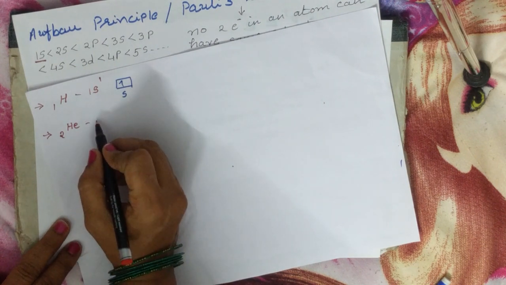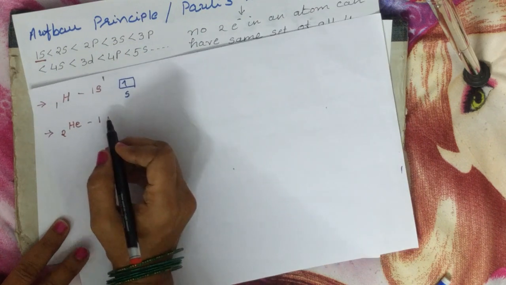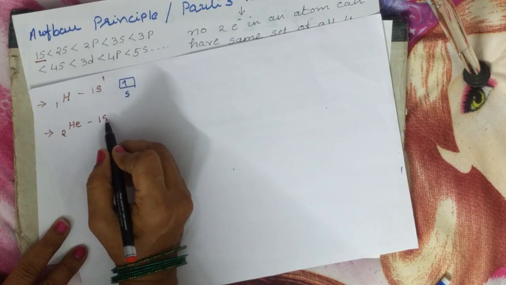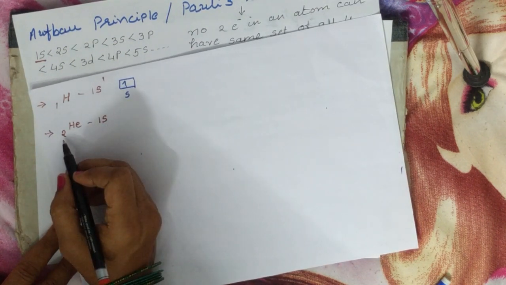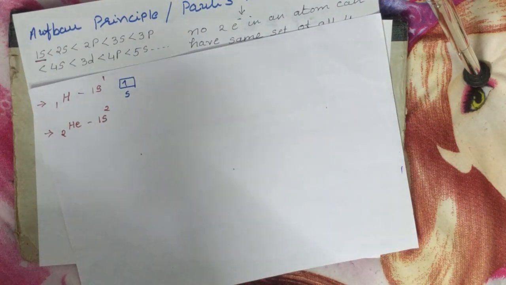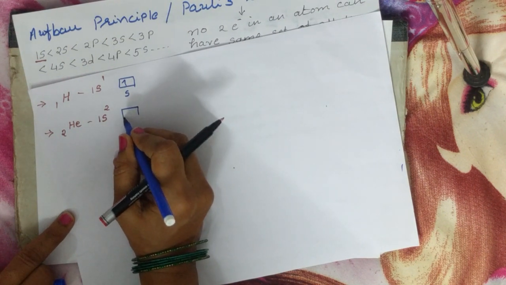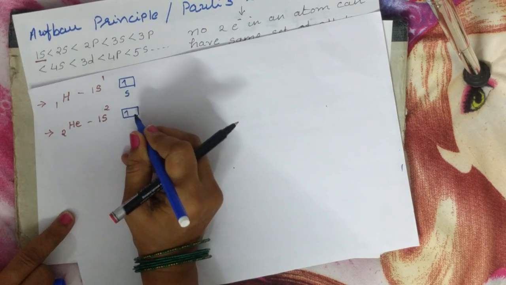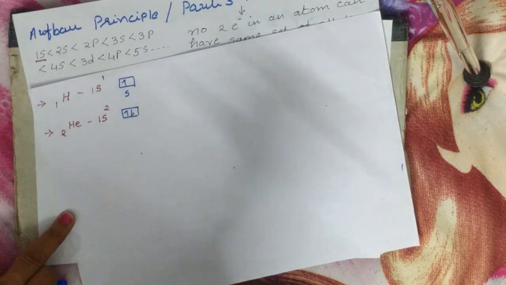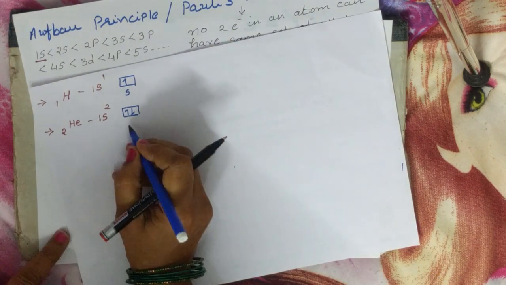Here, in the 1s energy level, 1s can accommodate 2 electrons. So 1s, and the maximum electrons are 2. This way you can write 1s2, or simply by orbital diagram, this is the upward arrow and this is the downward arrow. This is 1s2, which is how you can show it.